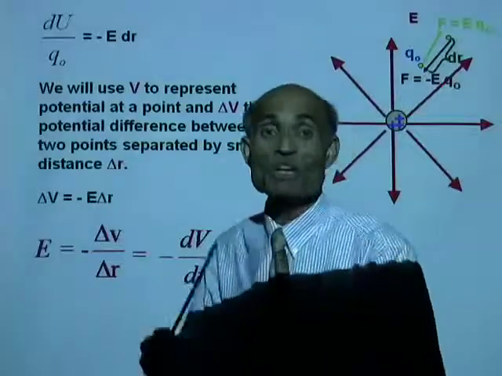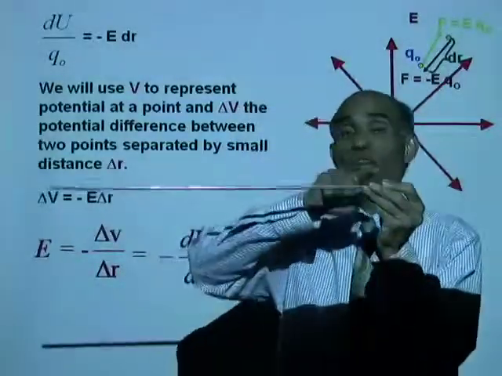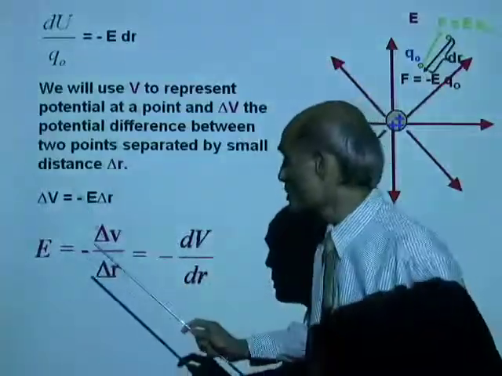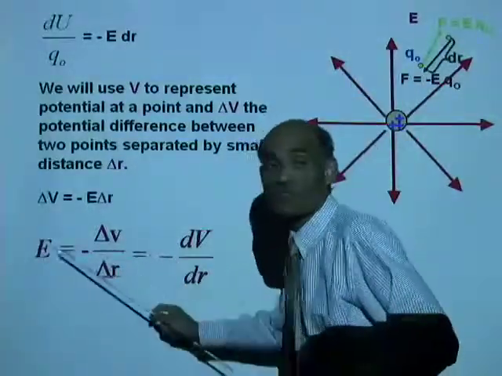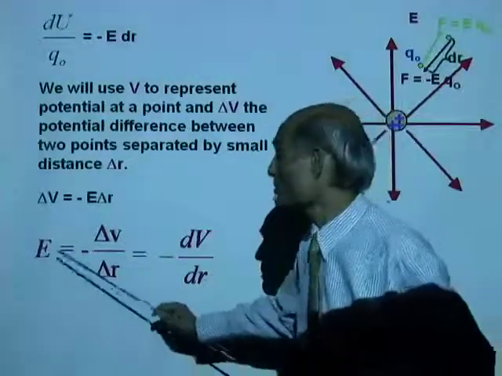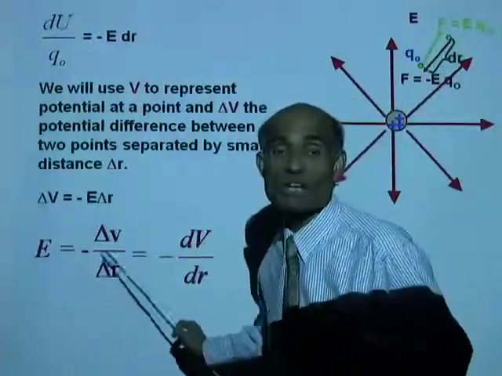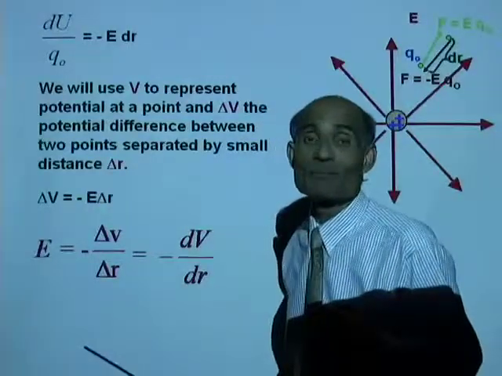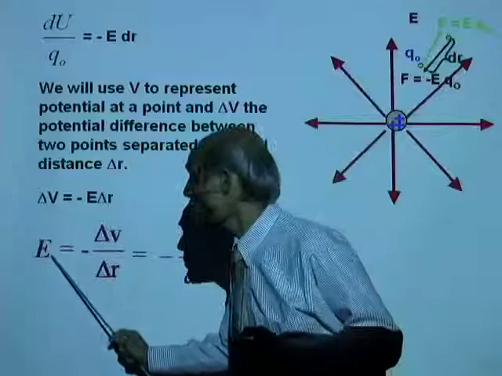Well, if you now consider the electric field in the x, y and z direction, we can use this equation. This is the general equation for any direction. Electric field in any direction is negative of dV over dr. That means I can rewrite this.